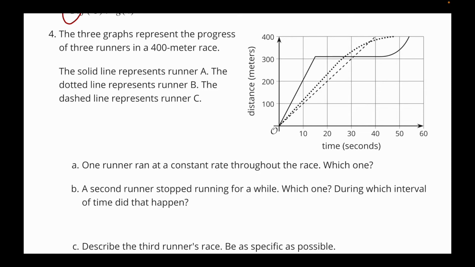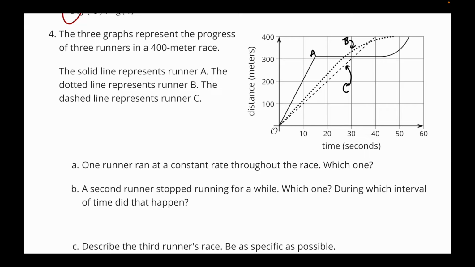Solid line represents runner A. So I'm going to put some little notes here. This is A. The dotted line represents runner B. So this looks like runner B. And the dashed line represents runner C. So this is runner C.